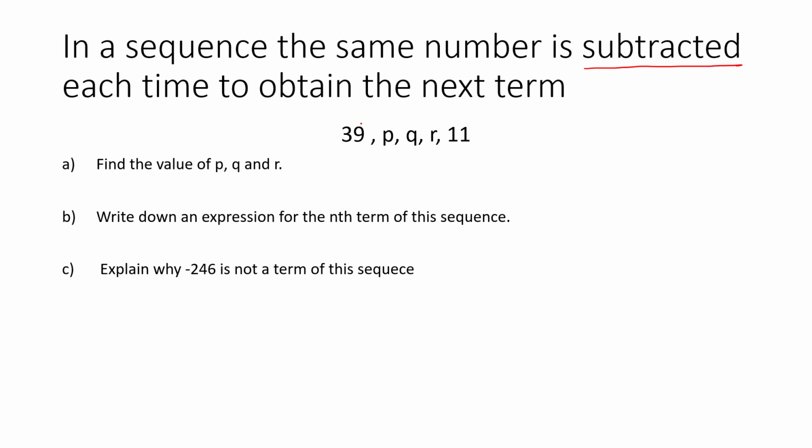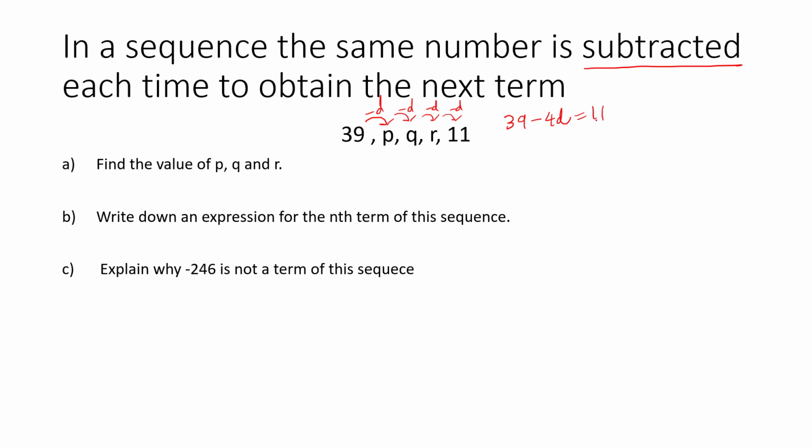So 39 to 11, we know that it is minus d, minus d, minus d, and finally minus d again is equal to 11. So from here, we can see that 39 minus 4d will be equal to 11.